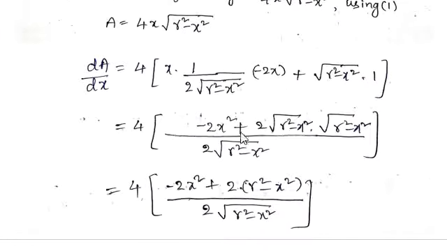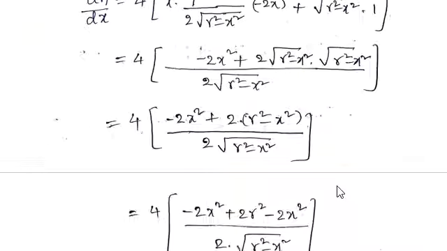When you simplify in the next step, minus 2x square plus it is root x into root x, which is nothing but x. That is under root of r square minus x square times under root of r square minus x square, so when you multiply you get r square minus x square.